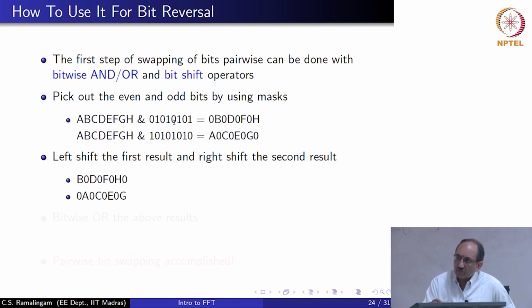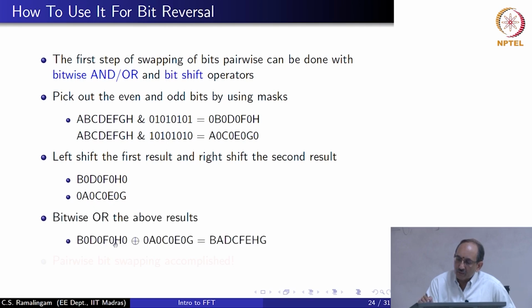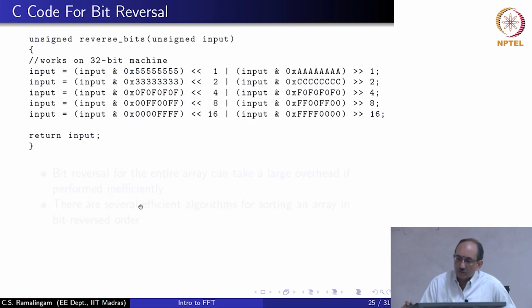So you do a bit mask first and then left shift and right shift, and then do bitwise OR. When you go through this sequence of operations, you have done pairwise reversal. AB became BA, CD becomes DC. So this is the first step. First step in bit reversal is pairwise reversal, and the sequence of operations is this. So pairwise swapping has been accomplished, and this is valid only for a 32-bit machine.